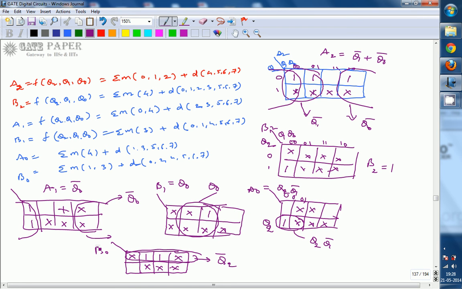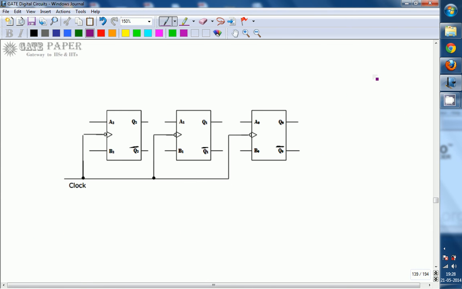Now I will write these expressions and try to simplify, to complete the circuit diagram. The equations are A2 equal to Q1 bar plus Q naught bar, B2 equal to 1, A1 equal to Q naught bar, B1 equal to Q naught, A naught equal to Q2 Q1 bar, and B naught equal to Q2 bar.